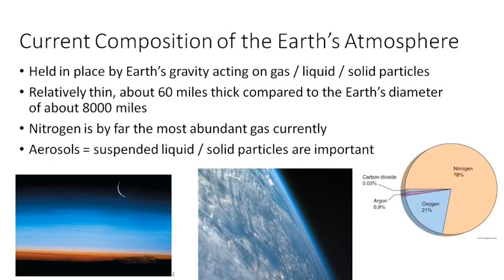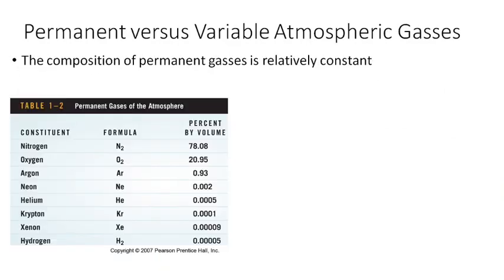So I just note down here that, of course, we have gases that we're breathing, but we also have suspended liquids and particles that are generally called aerosols. So we think of the gases in our atmosphere as either being permanent or being variable.